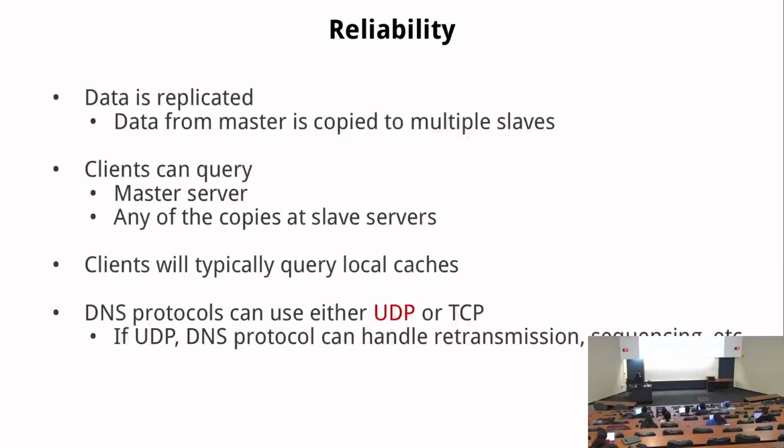The DNS protocol itself can use either TCP or UDP. With UDP, the advantage is that it's fast and very cheap in terms of packet size and transmission cost. TCP provides more reliable transmission, but for DNS, sometimes it's not necessary.